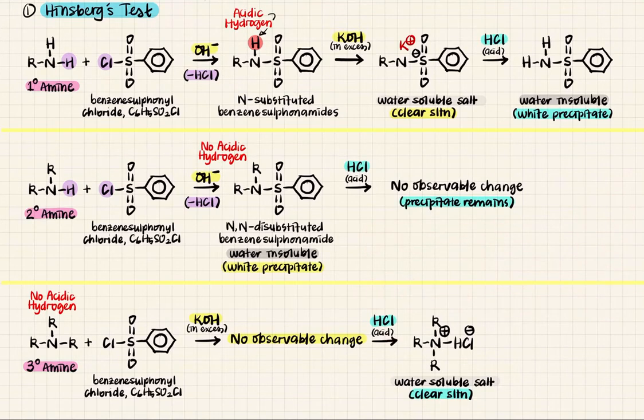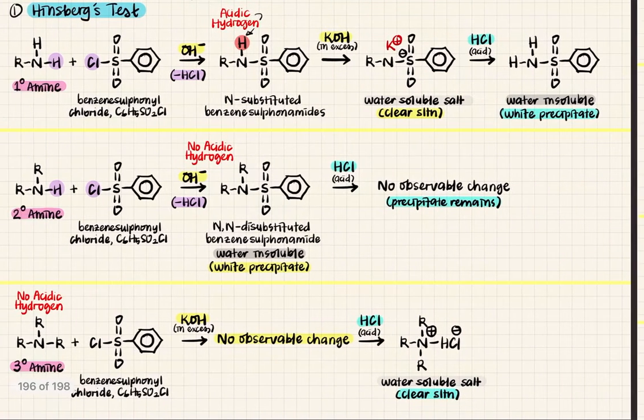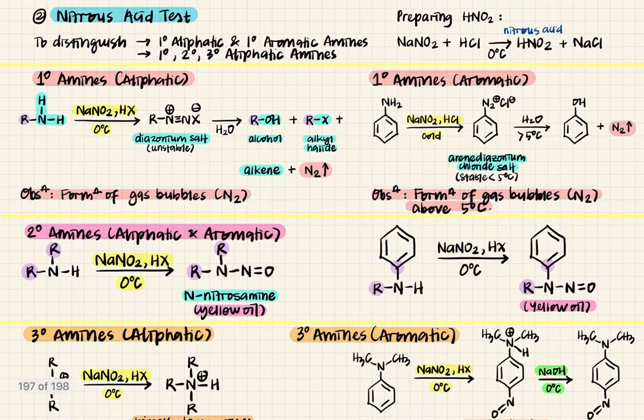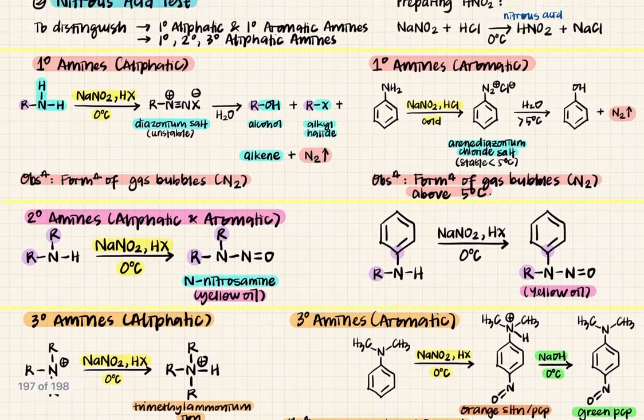Second step, treat with HCl. What do you get? White precipitate. Okay, and so on. So that's Hinsberg's test. Alright. So what you need to know is maybe the chemical reaction, the reagents, the observation.